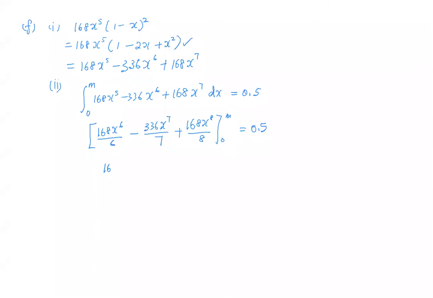So 168 m, so I can take out m to the power 6. Am I right? Take away 336 m over 7 plus 168 m square over 8 equal to 0.5.